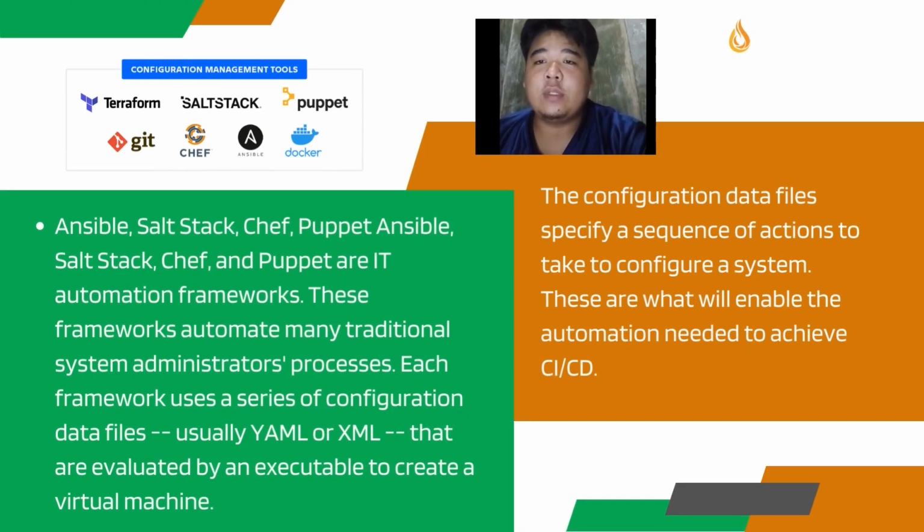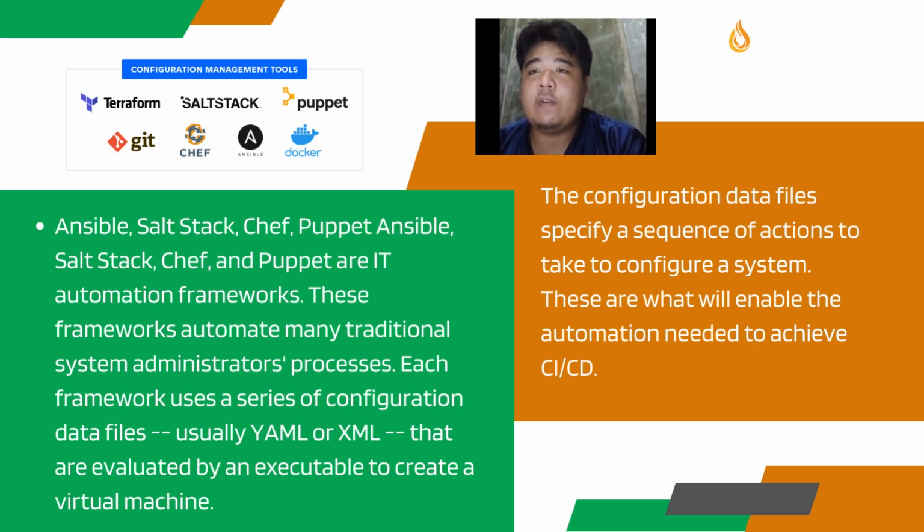Ansible, SaltStack, Chef, and Puppet. IT automation frameworks including Ansible, SaltStack, Chef, and Puppet. Many typical system administrator processes are automated by these frameworks, which employ a set of configuration data files, often YAML or XML, which are analyzed by an executable.